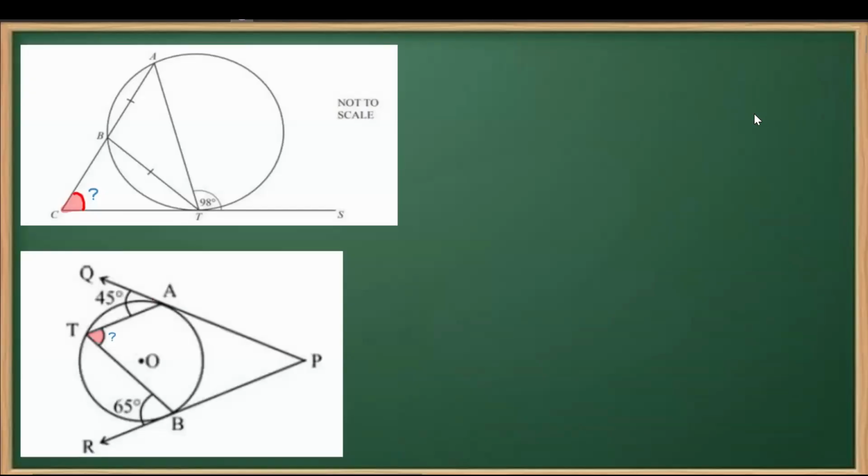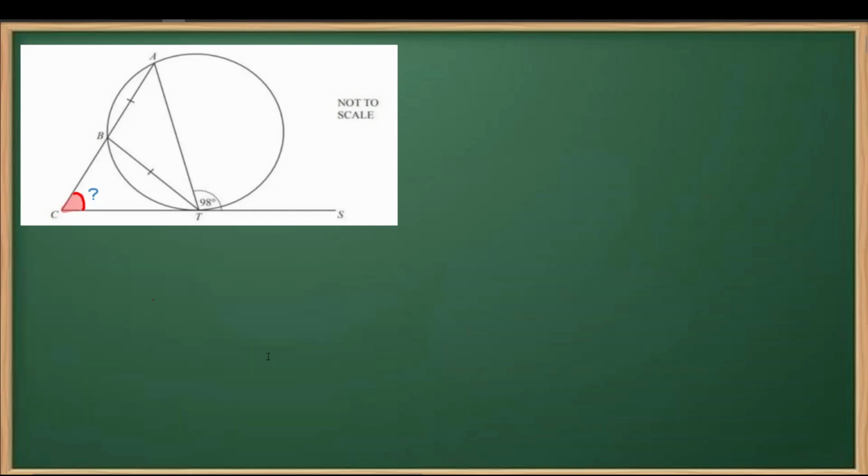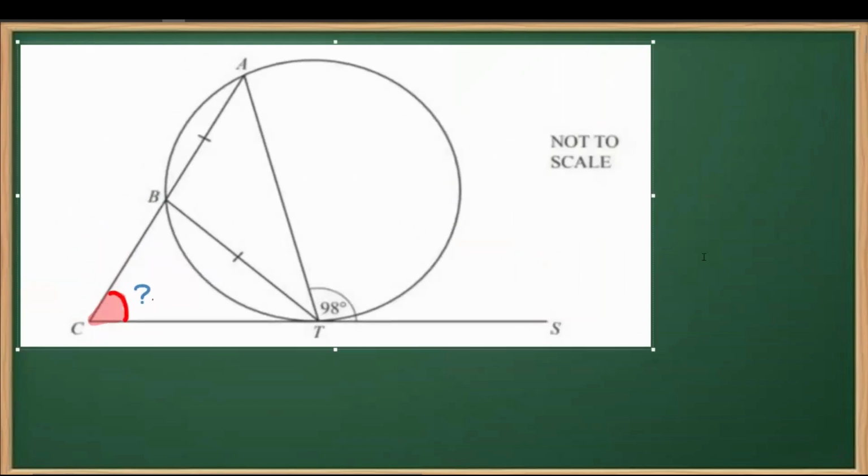So let's see how we can use this alternate segment property to solve these two questions. Let's begin with the first one. In this question, we know the value of this angle, and we can clearly see that this angle is made by this chord AT and the tangent, on the major segment.